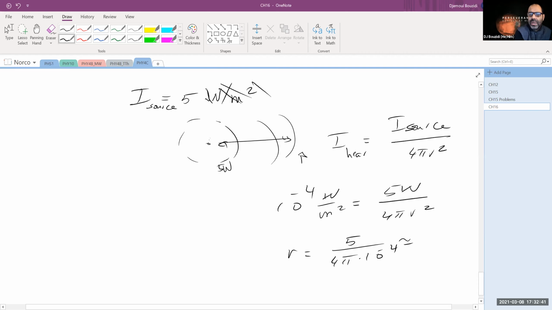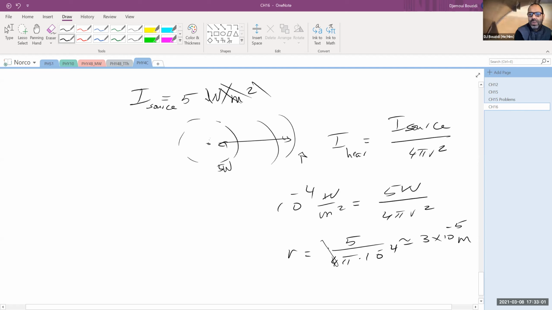And if I do the algebra correctly, it's going to be 5 divided by 4, which is 1 divided by 3, something like 3, okay, times roughly 10 to the power negative, because I borrowed another one, so it's going to be negative 5 or something like that, meters, okay?